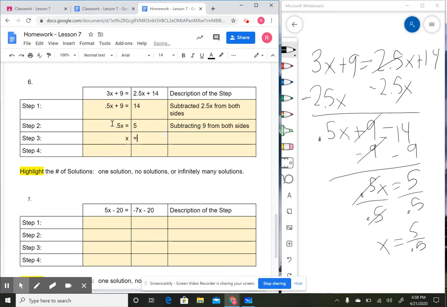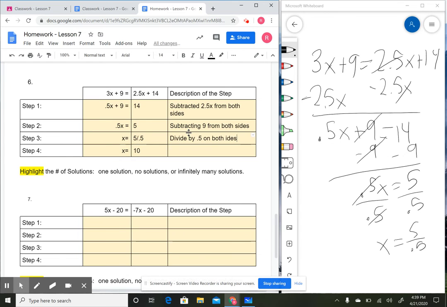x equals 5 divided by 0.5. If you're really savvy, that's going to be 5 divided by half, which is 10. So if you want to be really savvy, you could do that. So divide by 0.5 on both sides.